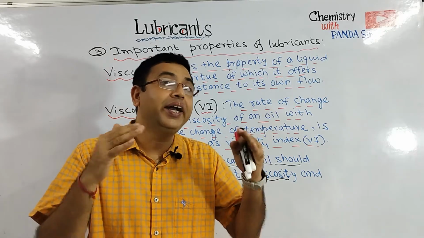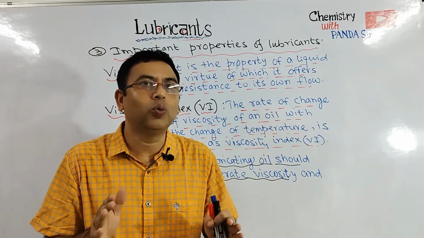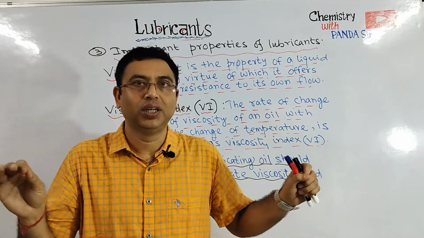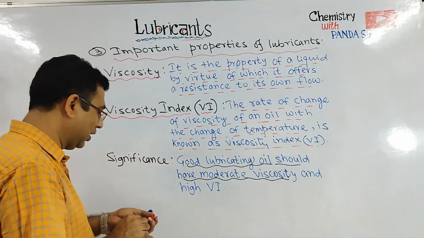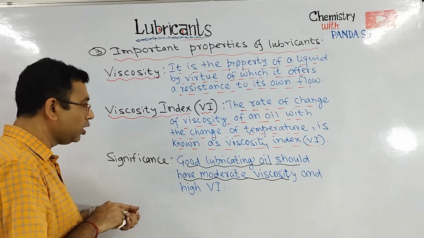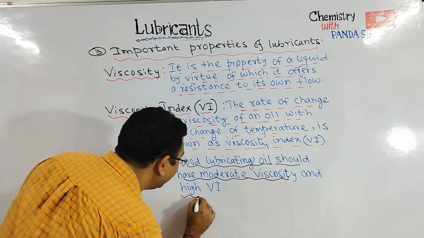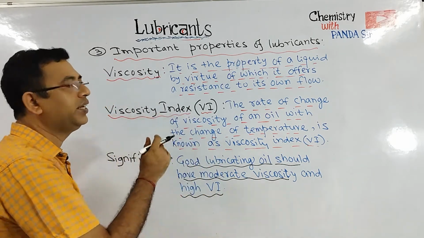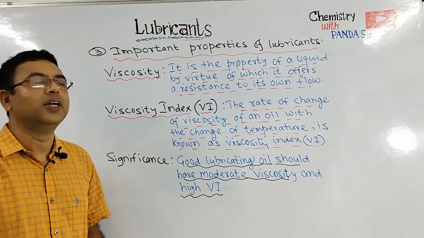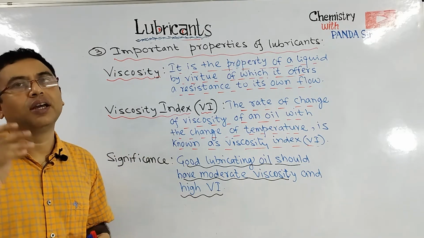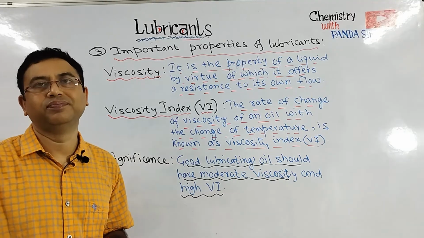At that high temperature, we don't want the viscosity of the lubricating oil to change much. So, I have noted this: for a good lubricating oil, the viscosity index should be high. You can take a note of that also. With this we discussed our first property. We are going to discuss a few more properties now.